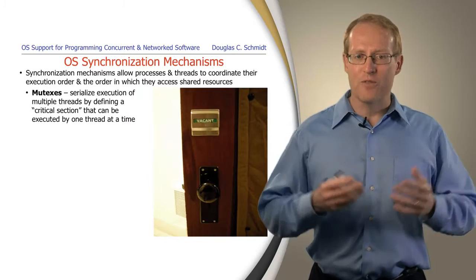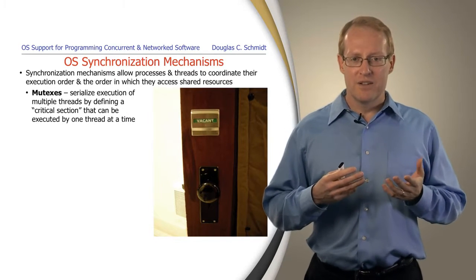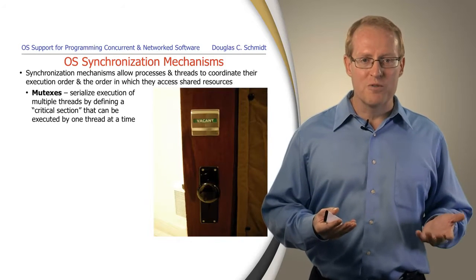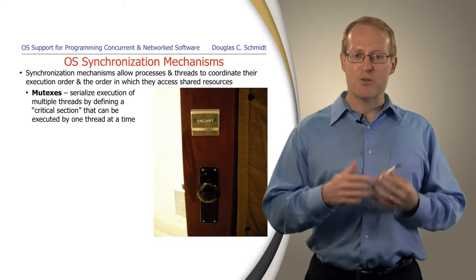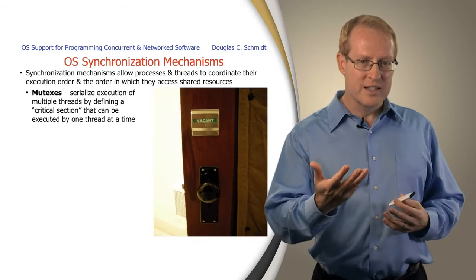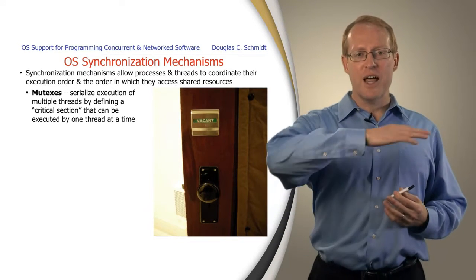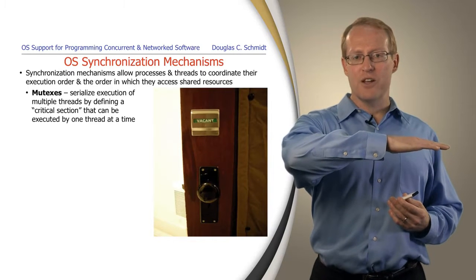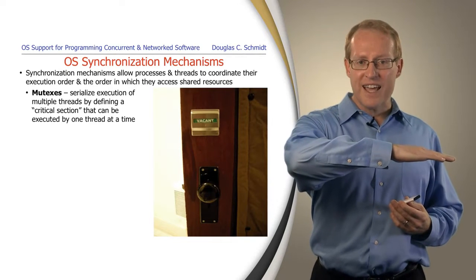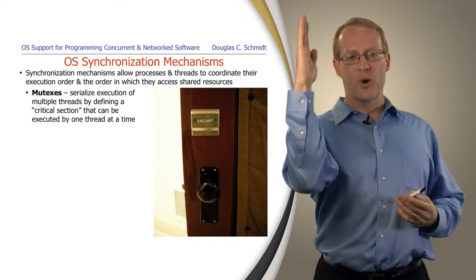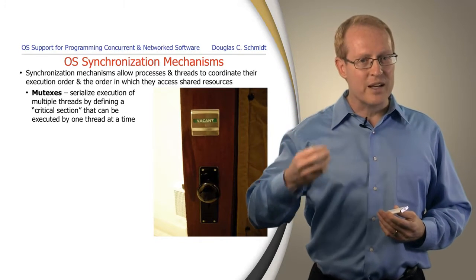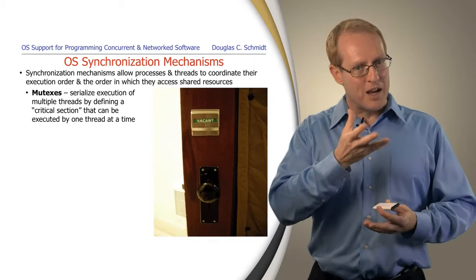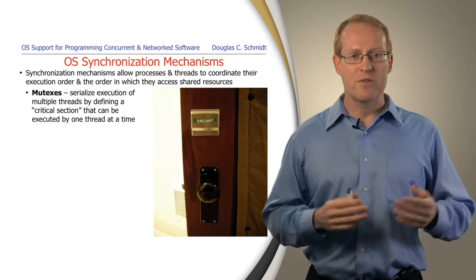A good metaphor for this would be the kinds of restroom protocols you find on an airplane, where you've got a critical section, the restroom, where one person at a time is supposed to be, and there's a locking mechanism. When you go up there and you see it says vacant, you can go in, and when you shut the door, the sign goes to occupied, and as long as it's occupied, people who would like to use the restroom have to queue up outside and wait for their turn.